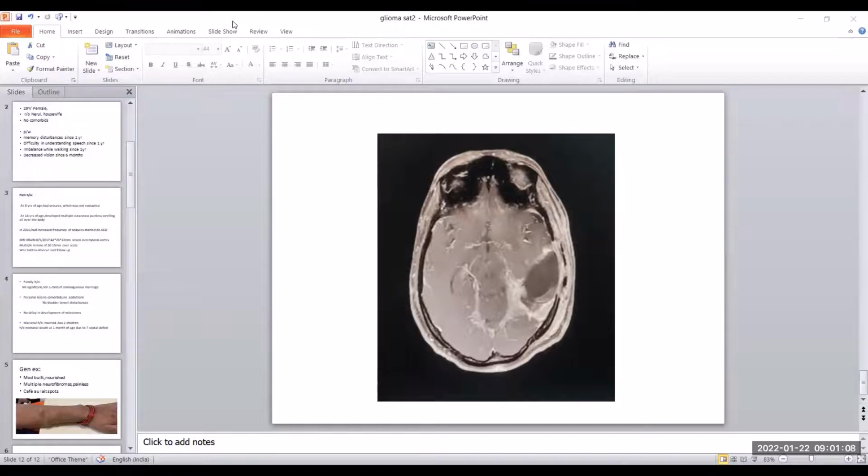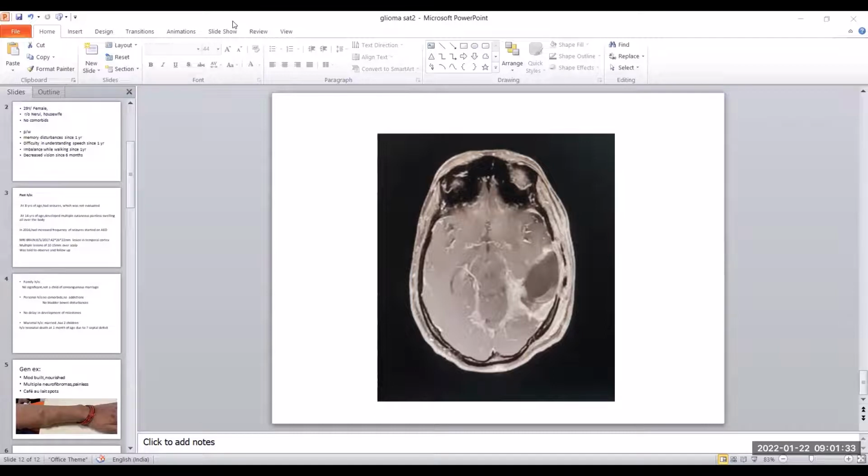Let's say the patient has undergone surgery with a neurosurgeon, and this is the commonest scenario where you will step in. For today's discussion on low-grade gliomas, the common situation is that it has come out to be a grade 2 glioma.